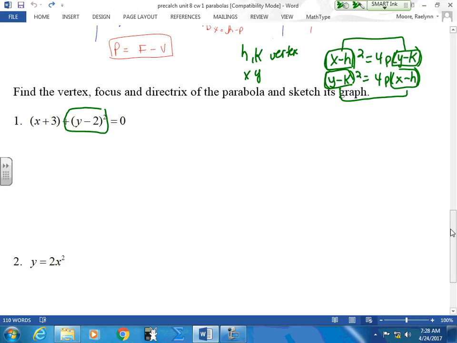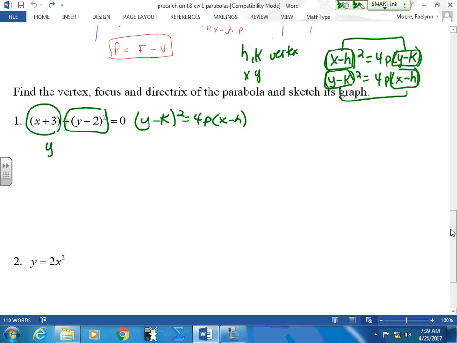Okay, so it's got the same setup, and the x can't switch to the k. It's got to stay with the h. So here's what determines what we use. Lily prompted me. So I've got a square, and it's on a y. So I go to my y minus k squared. I need to get it to look like this. So I'm going to keep this part by itself. I'm going to just subtract this piece.